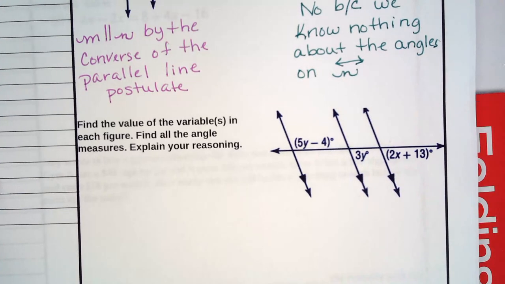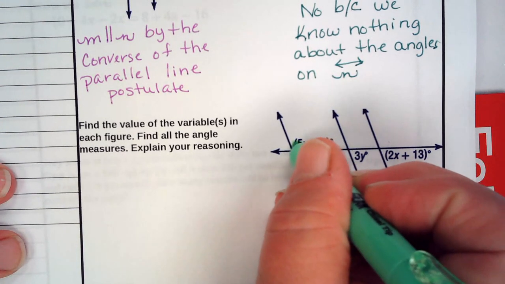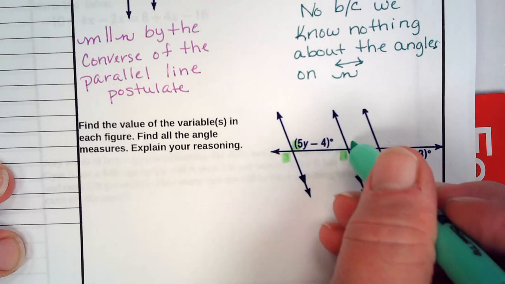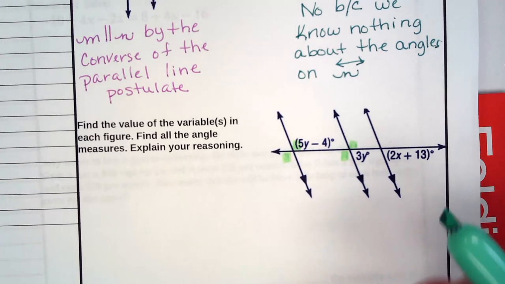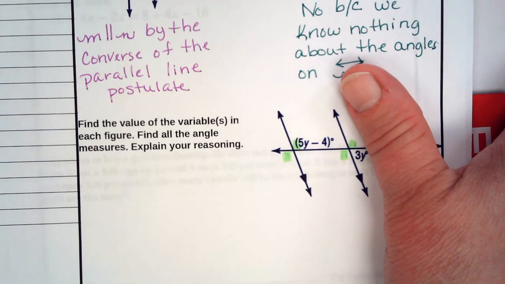If I want to mark my congruent angles, this angle and this angle will be congruent. This angle and this angle are congruent. So by marking those, I know that they are not congruent, but are in fact supplementary.